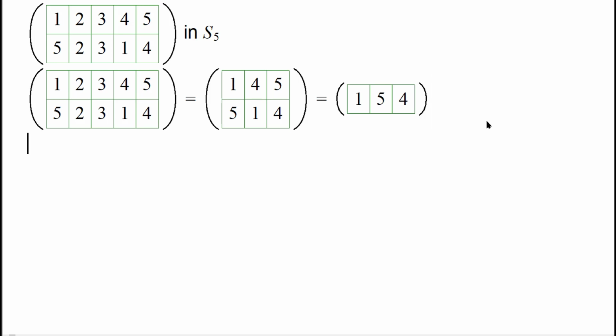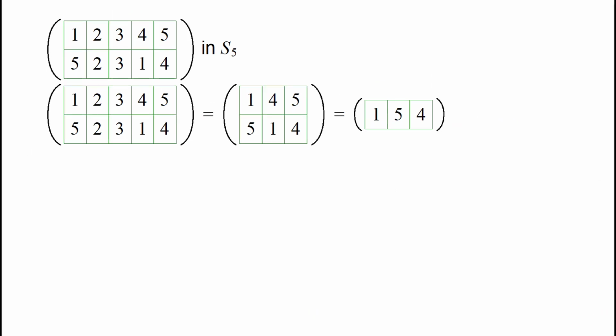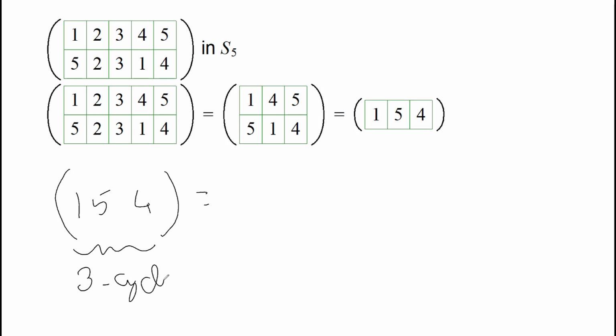So let's just review it once again. We'll take a minute. If we have, say, 1, 5, 4, that's a cycle, and it's called a 3 cycle because there are 3 distinct symbols in here. That's called the length of the cycle.